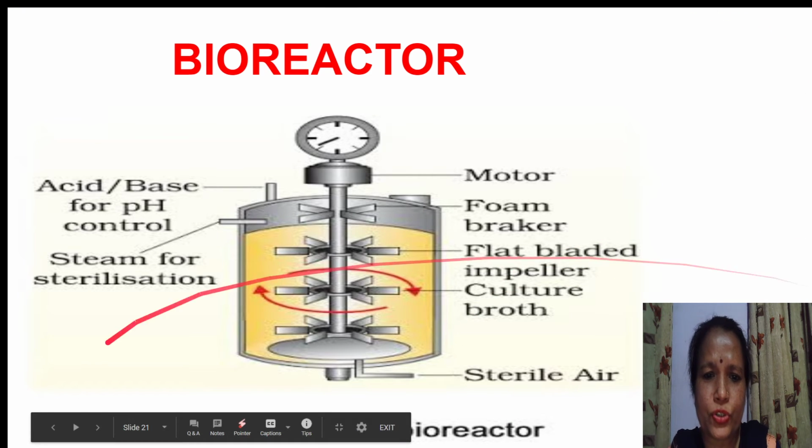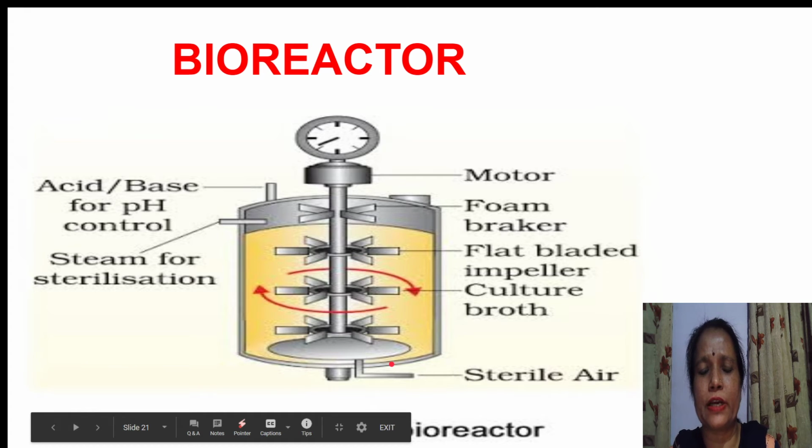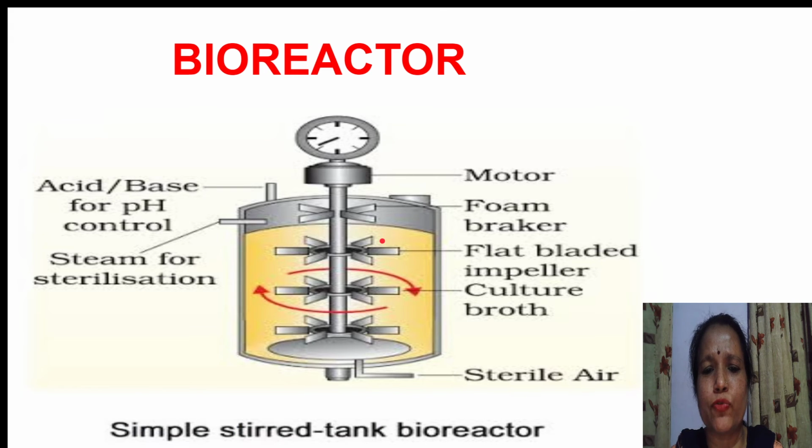And 3/4 of the bioreactor is filled with the nutrients, to which a small amount of inoculum, that is the transformants with the desired gene, are added, and they will multiply when they get all the suitable conditions inside it.